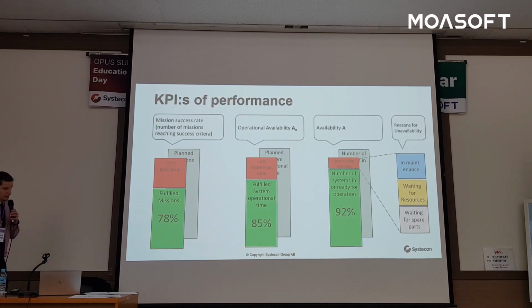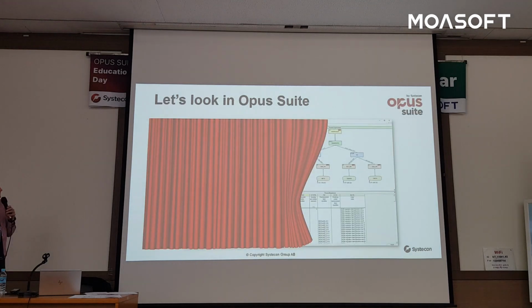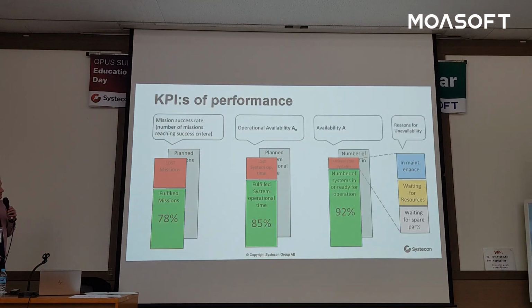Some other KPIs of performance: for example, we can look at mission success rate. I showed this before. It's the number of missions that reach the success criteria. We can look at operational availability, which is the fulfilled system operational time, or the availability of the fleet, which is more fleet readiness. So how many are ready for operation?